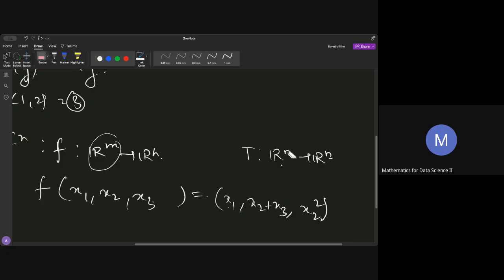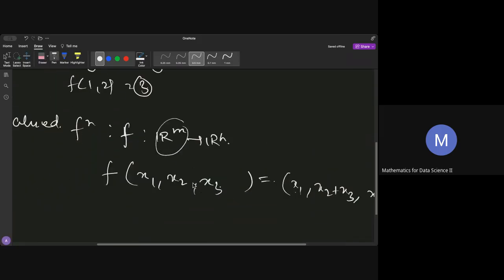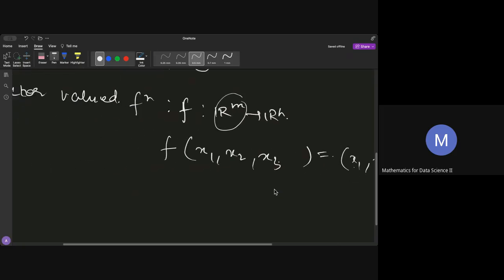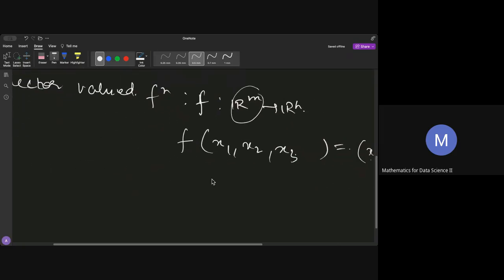But if you take your linear transformation from R to Rn, or from Rm to R, then it's still a linear transformation, but it's a scalar valued function this time, right? So this is also one example of a vector valued function.